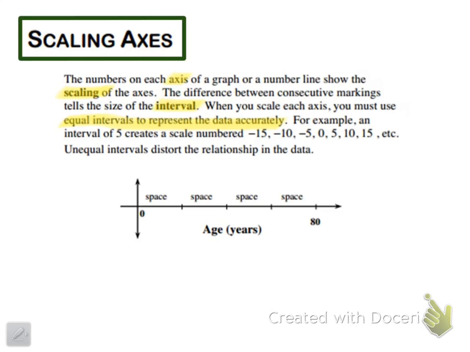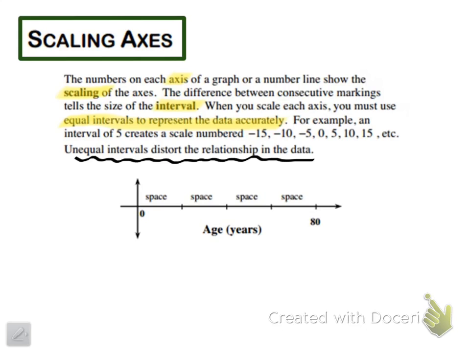For example, an interval of 5 creates a scale numbered -15, -10, -5, 0, +5, 10, 15. Ultimately, unequal intervals distort the relationship in the data.